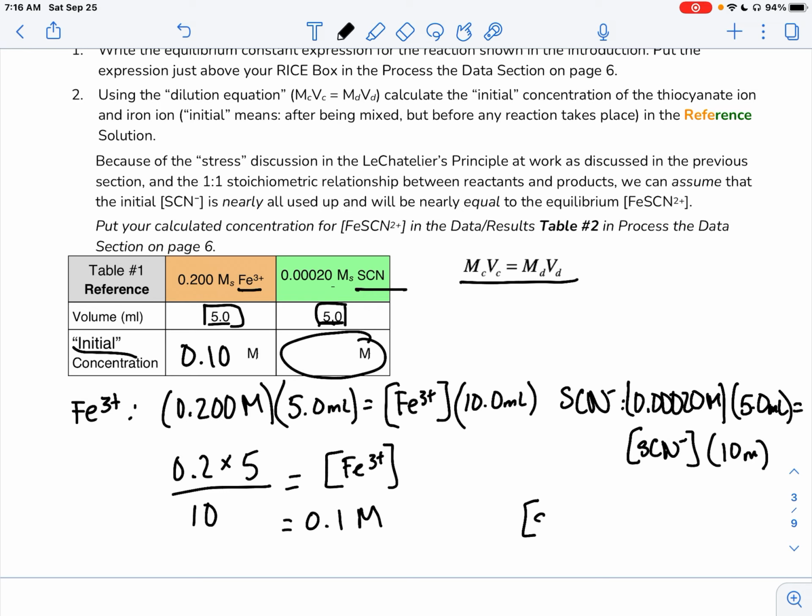Our concentration of SCN minus there, we do 0.0002 times 5 over 10. So it's just like this one, except we're going to put our other concentration in there, and that gives us this. So in this box, we will write 0.0001.